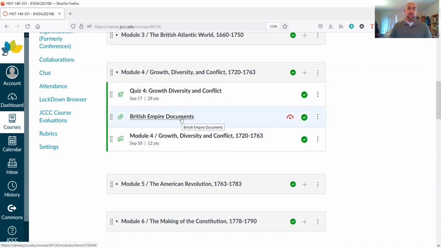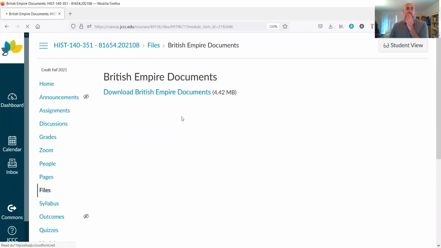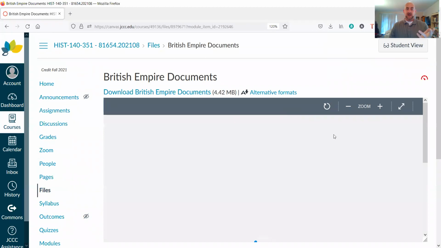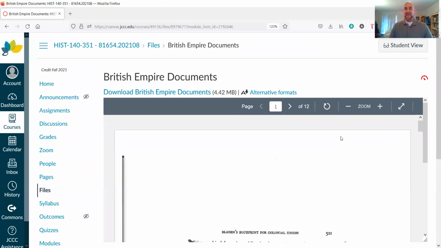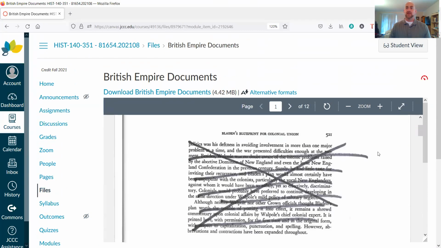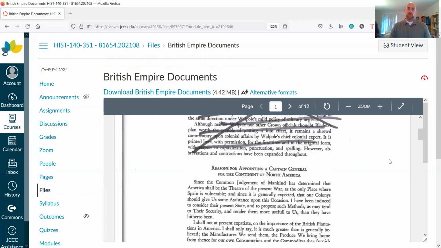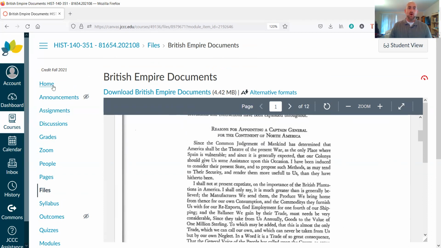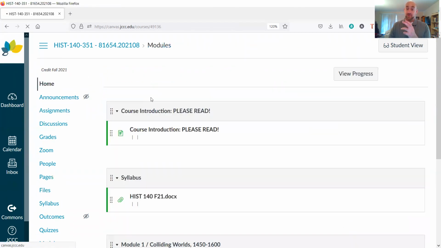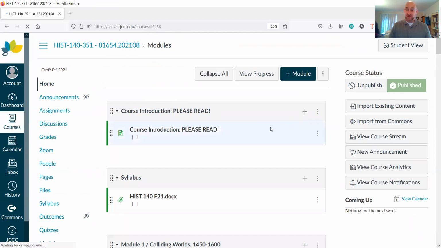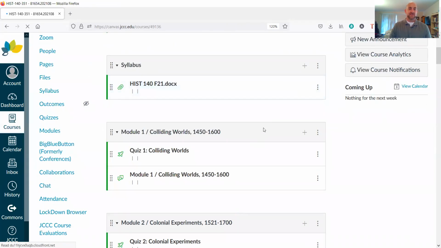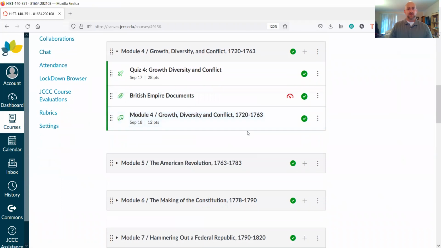You'll have a couple of British Empire documents, and the British Empire documents have to do with, as we'll see, a couple of different plans for a union of the colonies in the 18th century, one proposed by a man named Martin Bladen, who was a British official, and one called the Albany Plan, proposed by Benjamin Franklin in the 1750s during the Seven Years' War. And in fact, we'll show you the writing assignment.